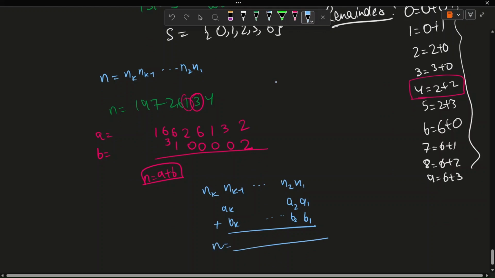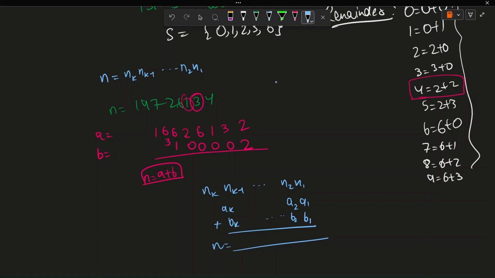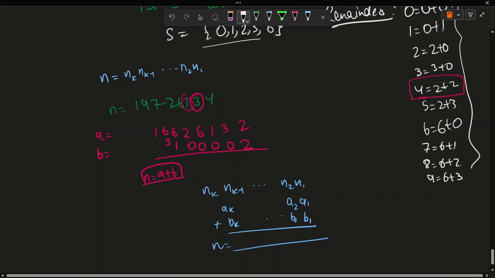Okay, so any number n can be generated from this set S, because every single digit can be generated. So we first generate a digit and then we place it. So this was the solution.